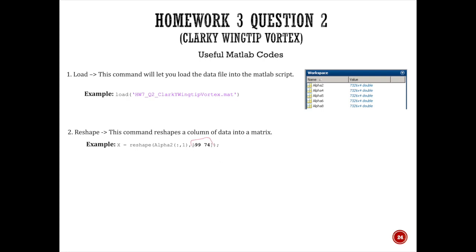So as we talked about in class, what this means is that I have 99 rows and 74 columns. Okay, so that's my image, that's my matrix right there. So when you use this reshape command, you will reshape a column into a grid. Okay, so note that this is a different matrix from last time. Last time when we looked at the plunging plate data, the matrix was 126 cross 126.